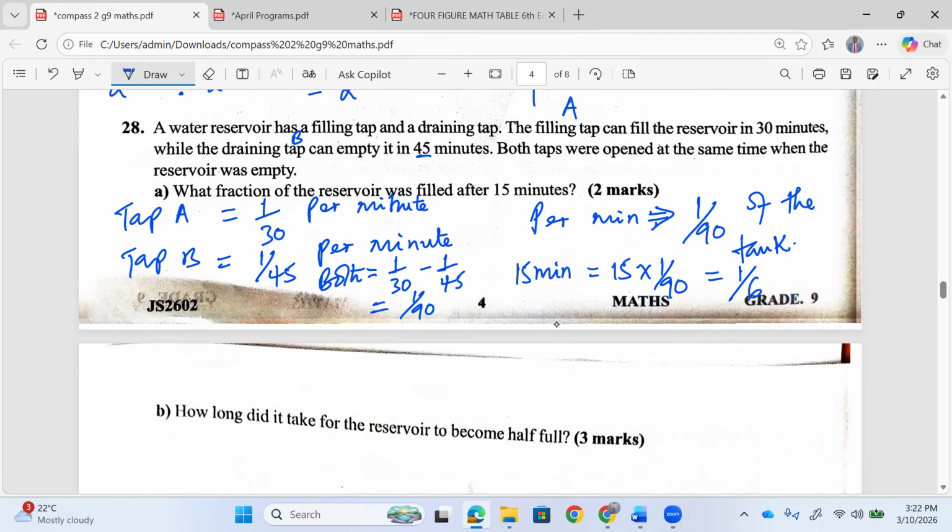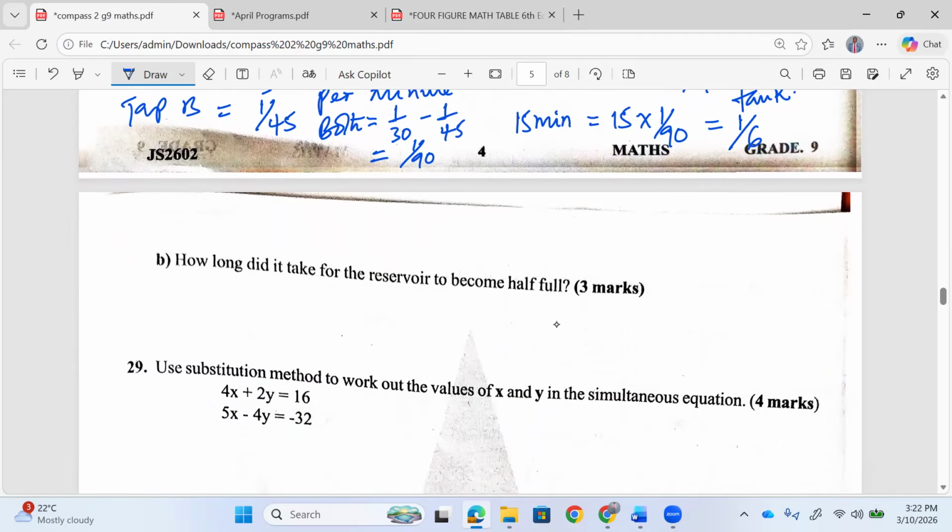Then look at part B. How long did it take for the reservoir to become full? So we are saying that in part B now, per minute, these two taps are filling 1/90 of the tank. This is their working rate.